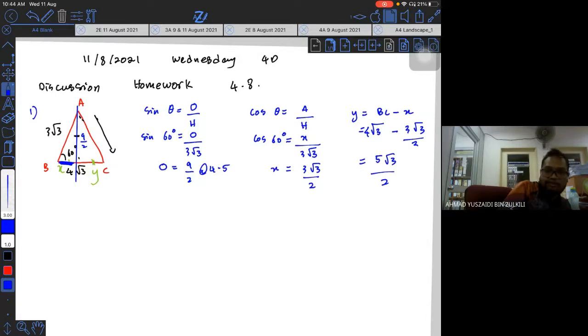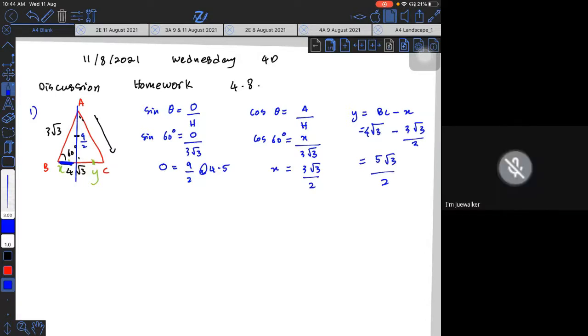Everyone got the same? Should be the same.